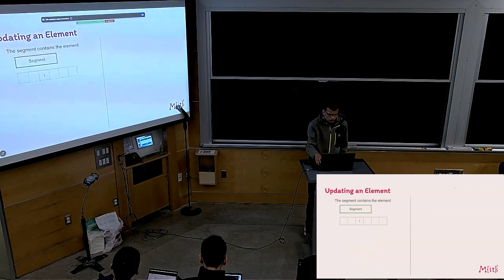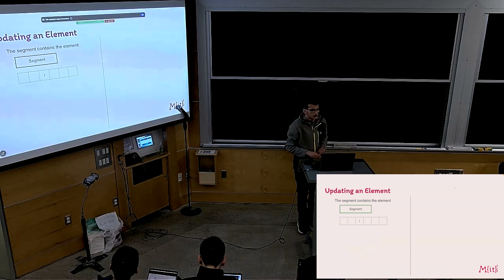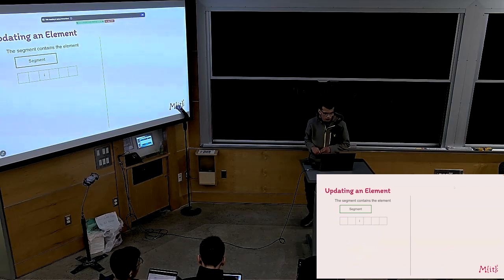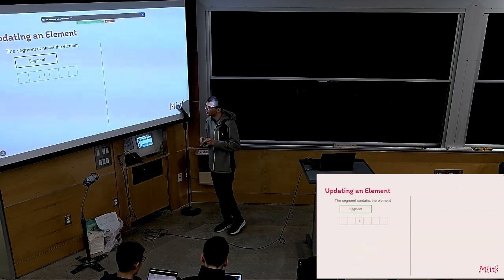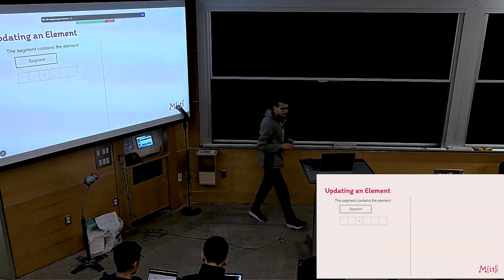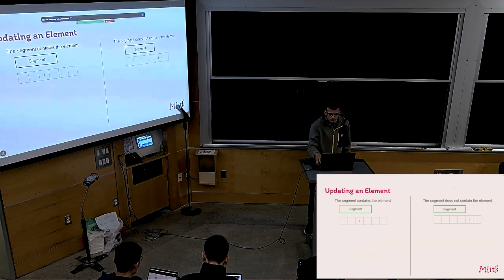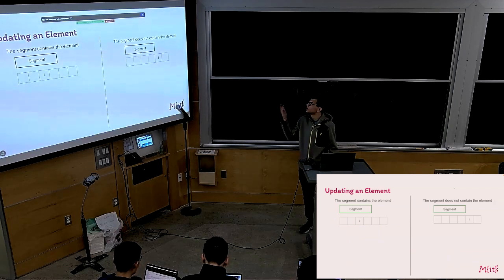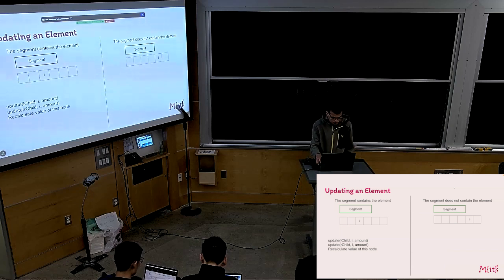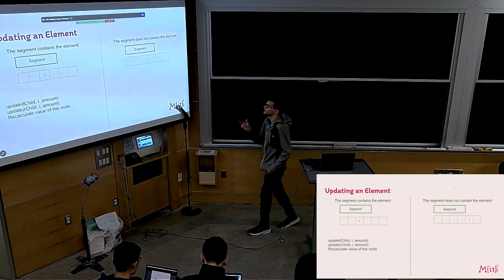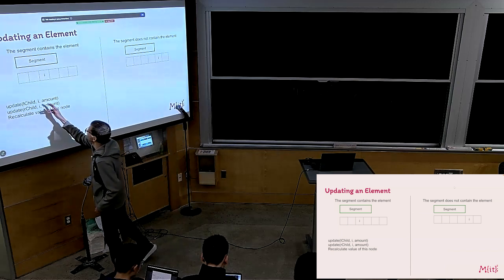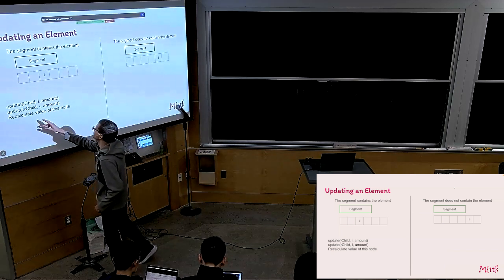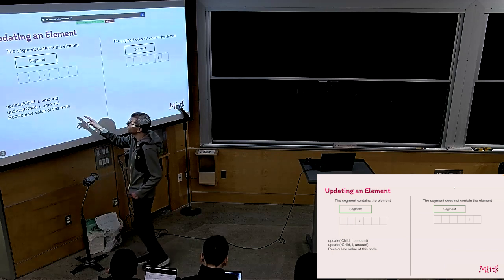So there are two main cases for this. One case is that the segment contains the element, and the other case is the segment does not contain the element. If the segment contains the element, then I will just recursively update the two children and then recalculate the value of this node.